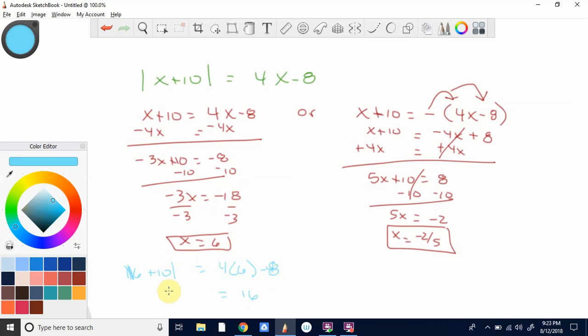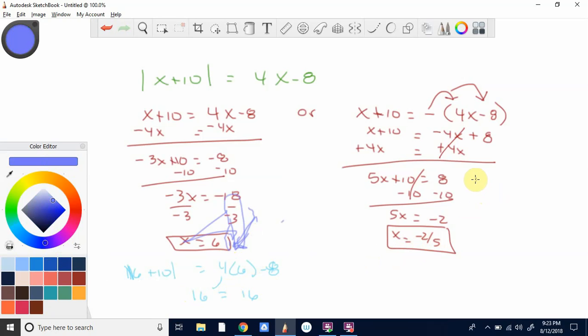Then 6 plus 10 is 16. The absolute value of 16 is 16. That is a solution. So I'm going to stick with this. This one's good. Now I'm going to come over here and put negative 2/5 in.